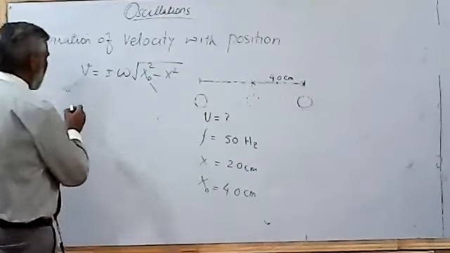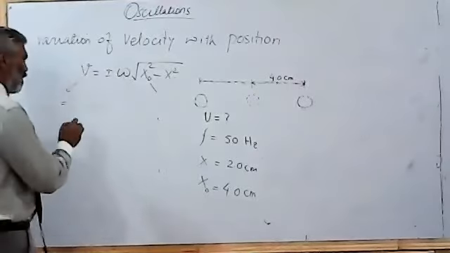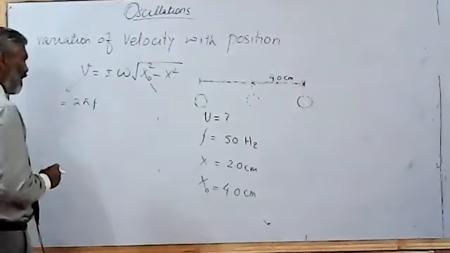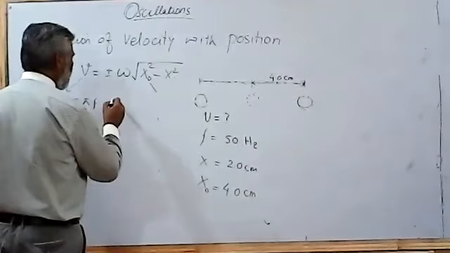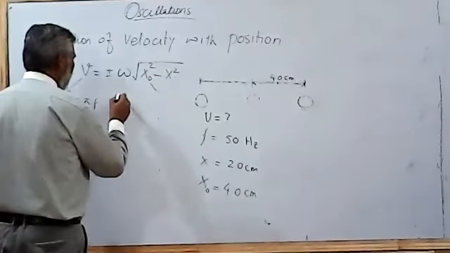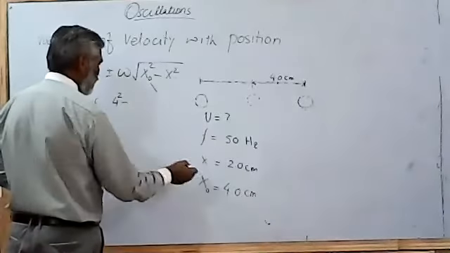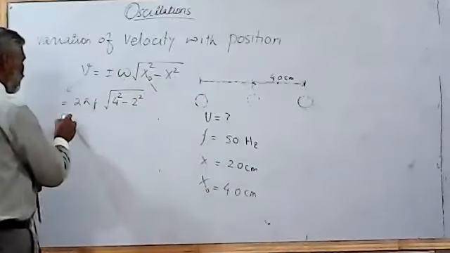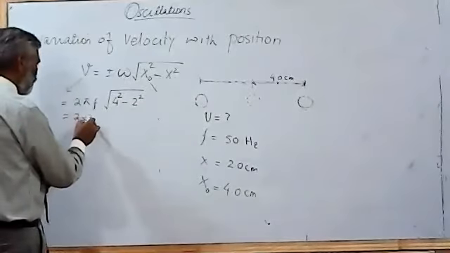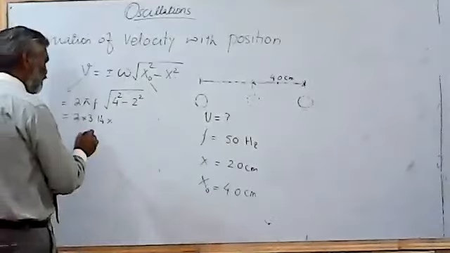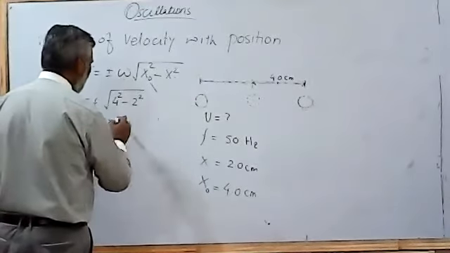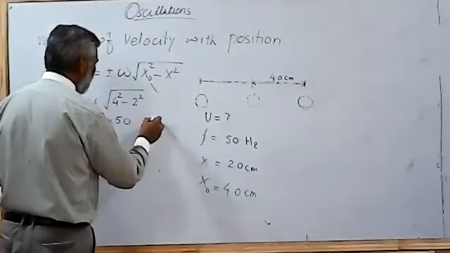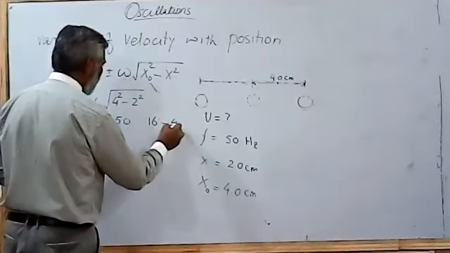Using this formula, it is easy to see that 2 pi f, which is omega, times the square root of x naught squared, which is 4 squared, minus 2 squared. Using the values, 2 into 3.14 into 50, and 4 squared, that means 16, minus 4, under root.